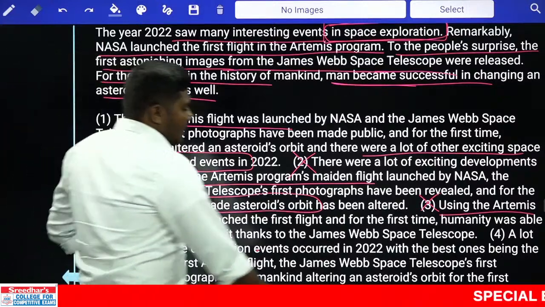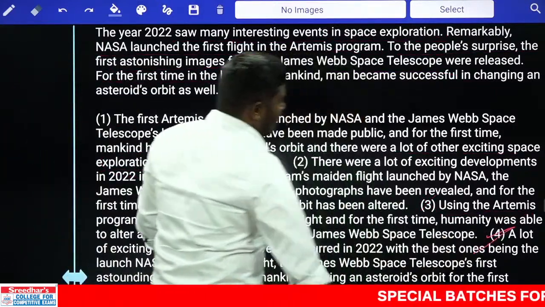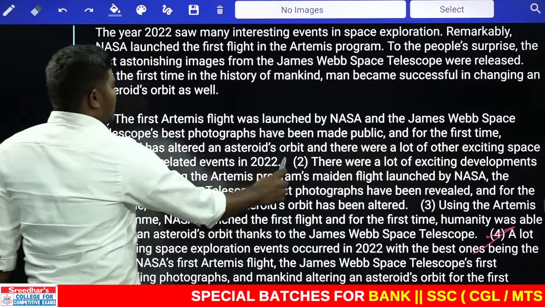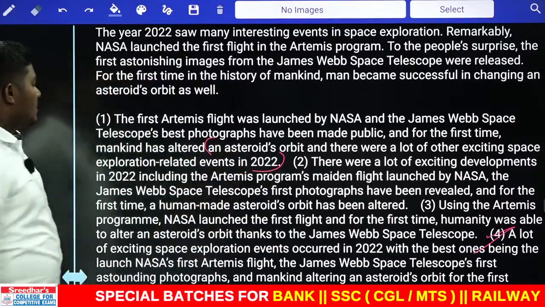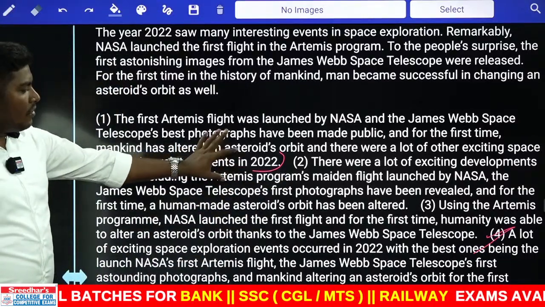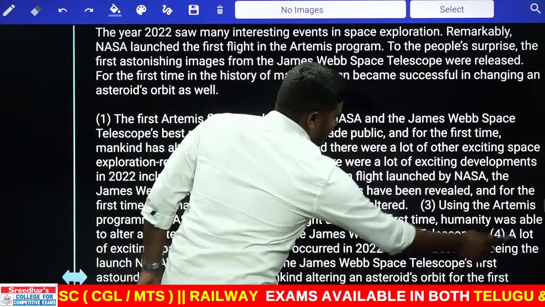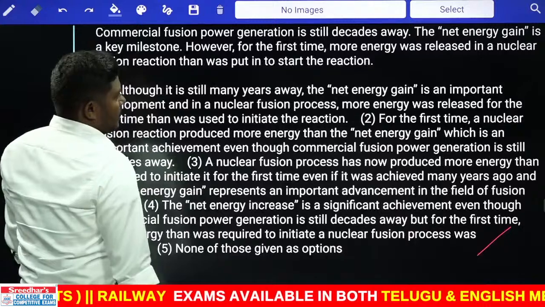The fourth one absolutely looks correct. The answer should be option 4. If you compare 1 and 4, there is a difference when we read this combination. The ending part looks odd, but the fourth one makes it very clear. So in comparison, the answer should be option 4. Next, question 125.